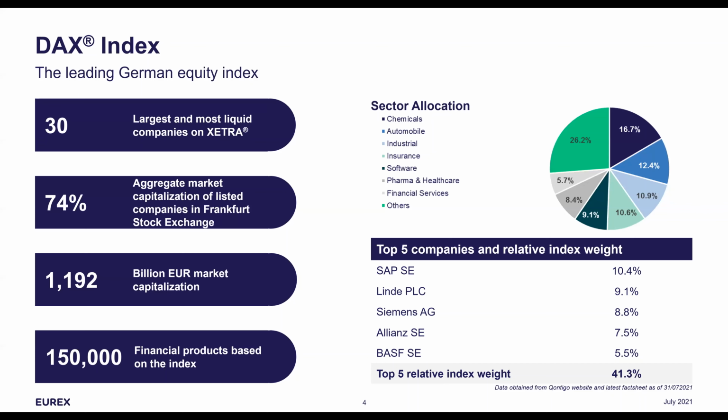As said, when you look at the current composition of the DAX, we have 30 firms or 30 companies listed in the DAX, and these 30 companies summarize about 75%, 74% of all German companies' aggregated market capitalization, which are listed at the Frankfurt Stock Exchange.